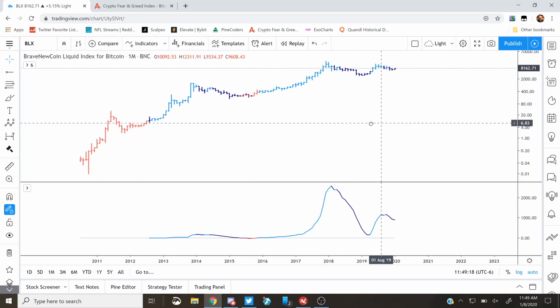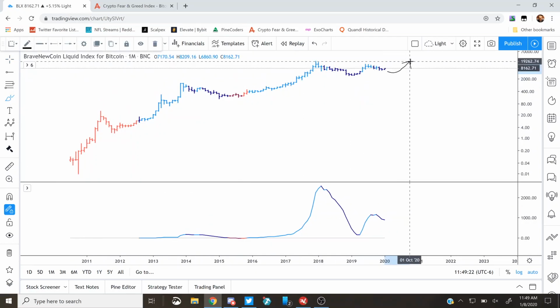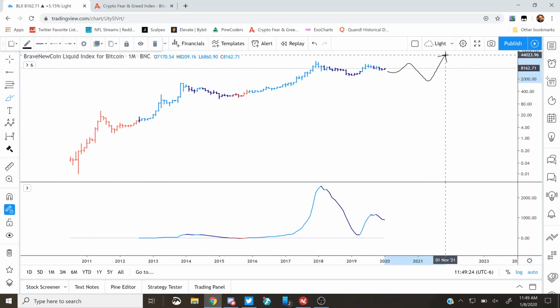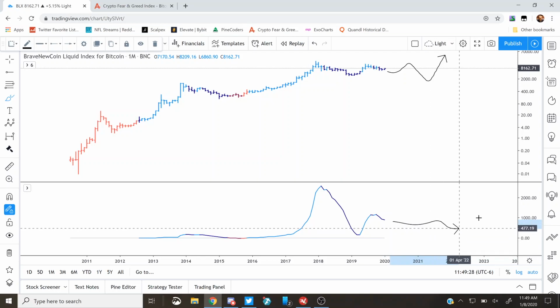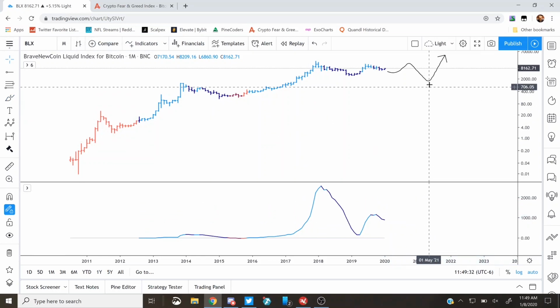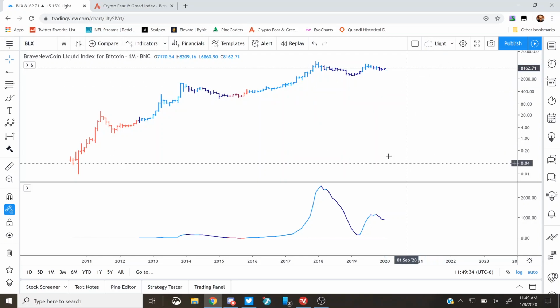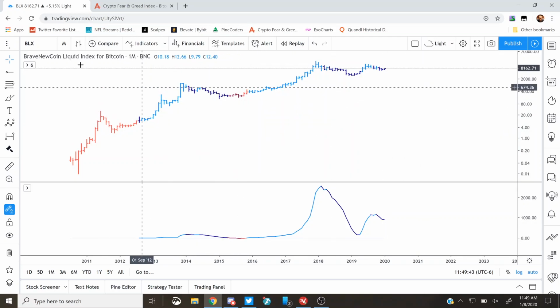Now it's possible that we just continue sideways and we never do flip red. But I would really like to see the monthly MACD flip red and hold red for a little bit. We don't have to go down necessarily, but sideways at least for a little bit before reversing.